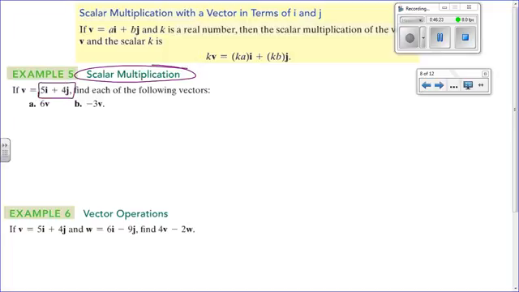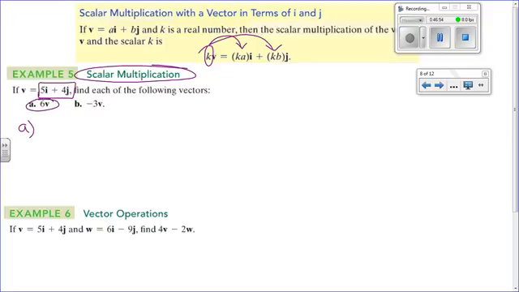And so what we do here is we literally just distribute that scalar to the i component and to the j component. And that's what we're going to do. Okay? So remember, when you multiply a vector by a scalar, in this case, will that make the vector longer, shorter? What will happen? 6 times the vector. Longer? Yes? So that will increase the direction or the magnitude? Okay, the magnitude.